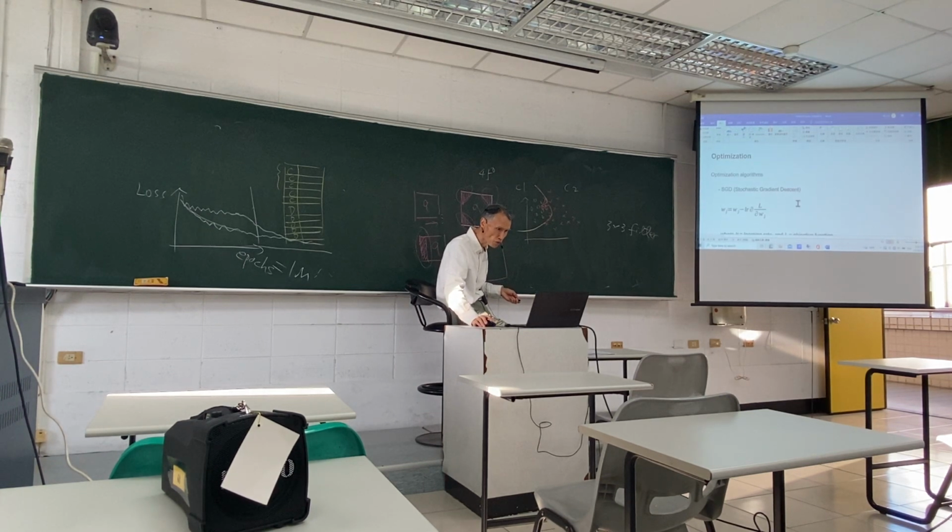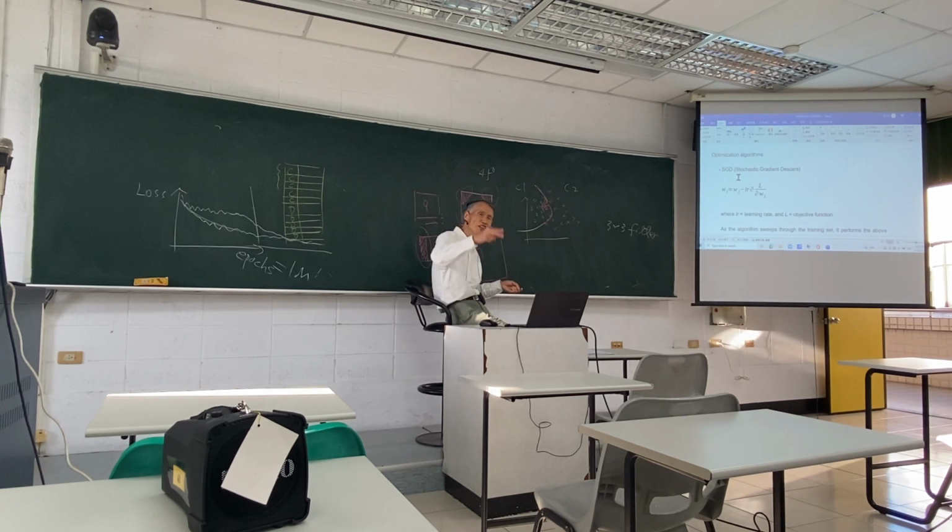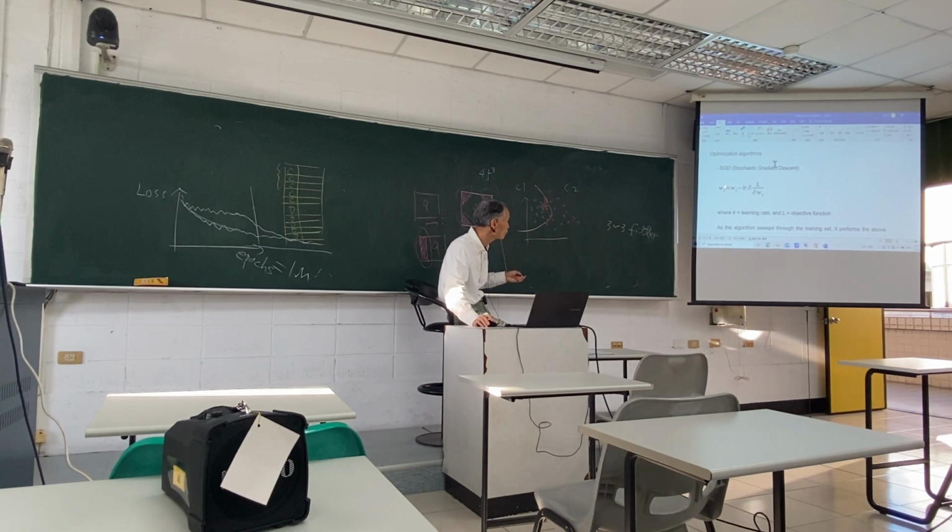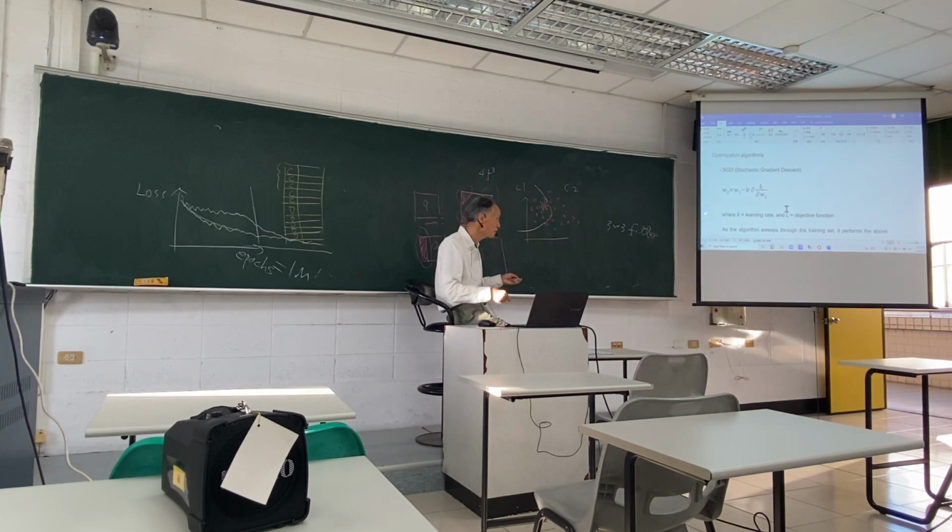Now, about the optimization, I'll go through it very quickly. Basically, we have two choices. You can have many choices, but these are the two I would recommend. The first one is called stochastic gradient descent. You already have done this gradient, but why do you call it stochastic?